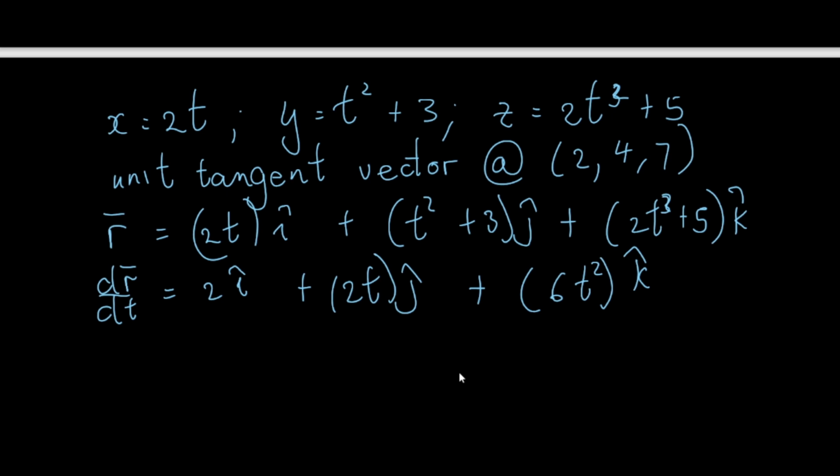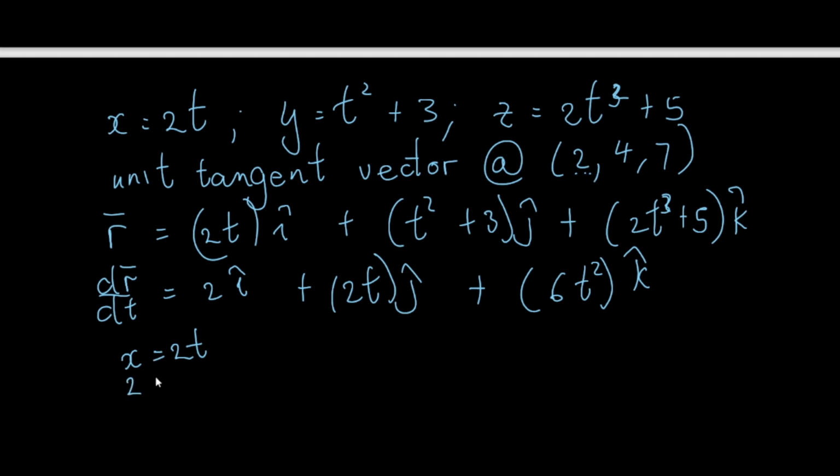So let's just again choose a value. Well, we don't choose a value here. We want to know how much time has elapsed since it is at this point. Well, it's now at this point (2, 4, 6). And to calculate that time, we can just see that x is equal to 2t and x is equal to 2, right?